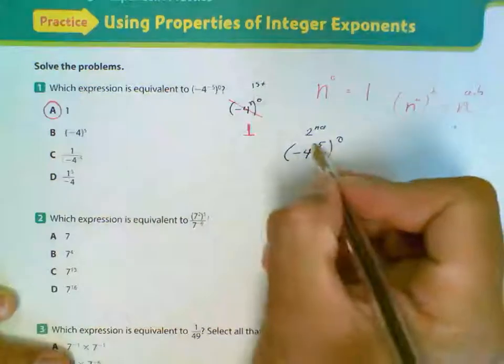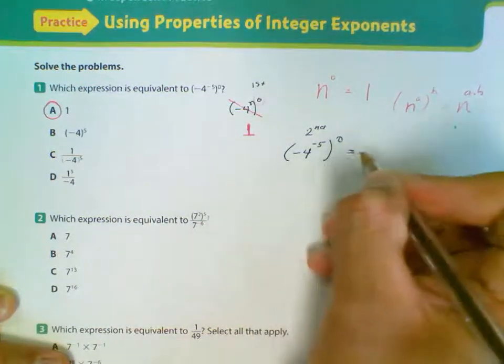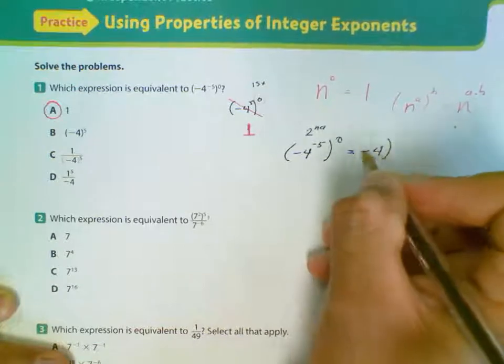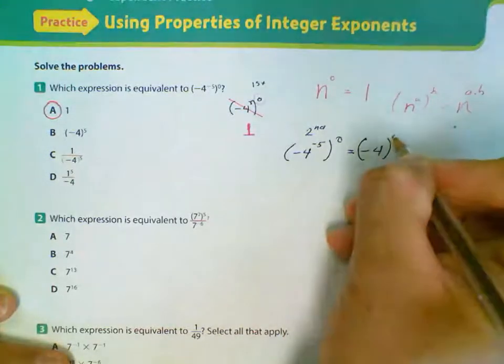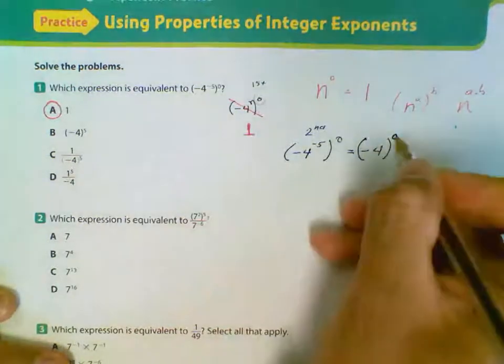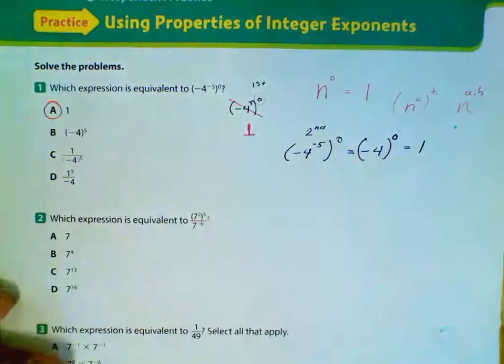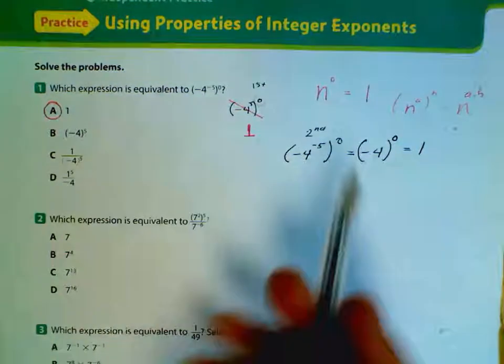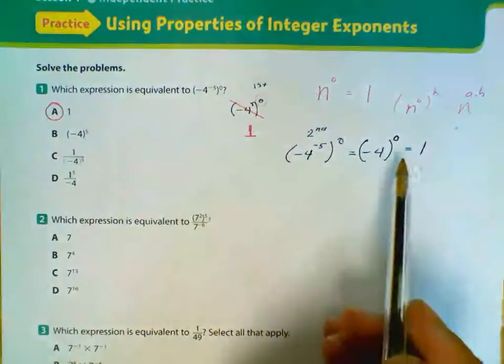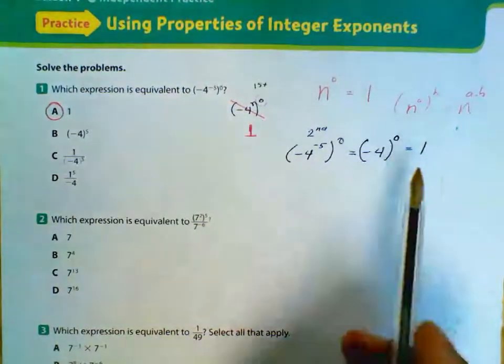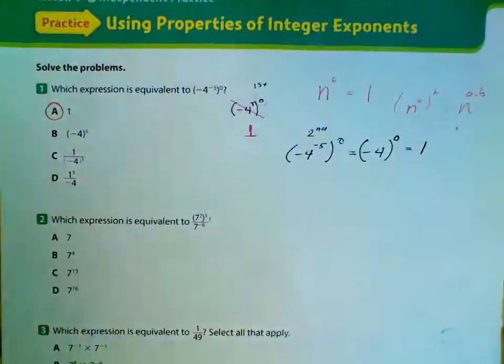So where is -5 times 0? So this is equals to -4 to the... -5 times 0 is 0. And -4 to the 0 is equals to 1. Same solution, but I apply a different property. So we get the same solution, but doing 2 steps, which is practically the same.